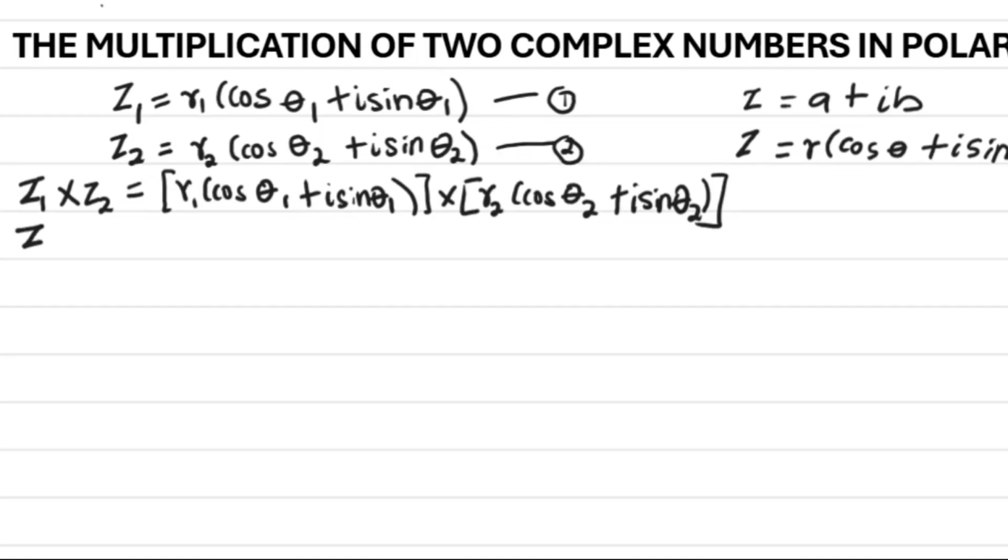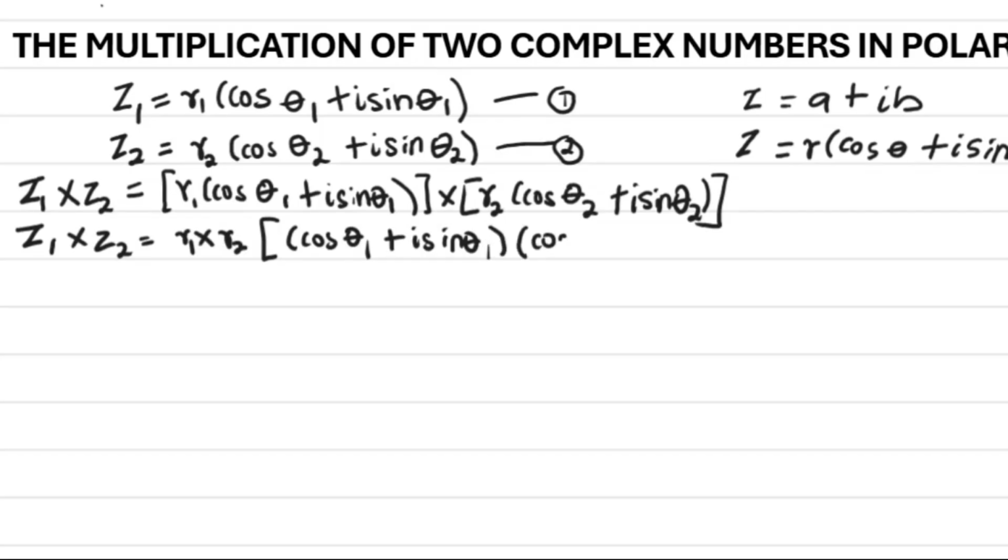Now, Z1 times Z2 is going to give us R1 can multiply R2 here. So we can start with saying R1 times R2 into the multiplication of (cos theta 1 plus i sine theta 1) multiplied by (cos theta 2 plus i sine theta 2).